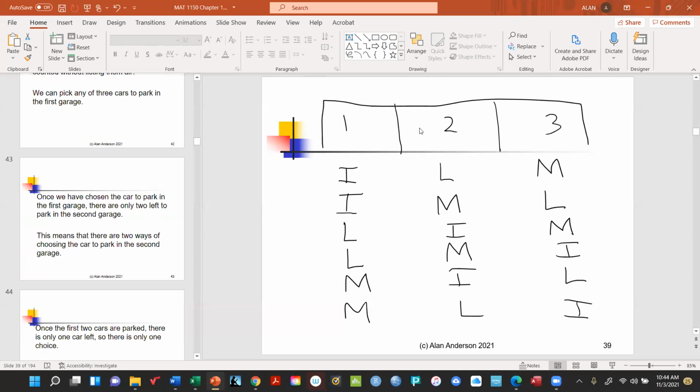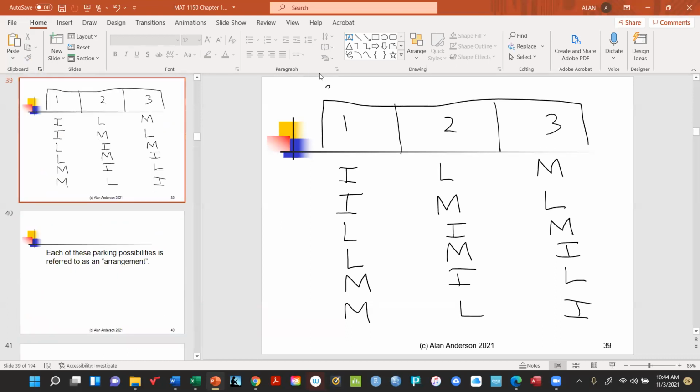So what's happening here is that you're multiplying 3 by 2 by 1, based on how many different ways there are to park the cars in each of these garages. So 3 times 2 times 1 is 6, and that's why we have 6 different ways of parking the cars.